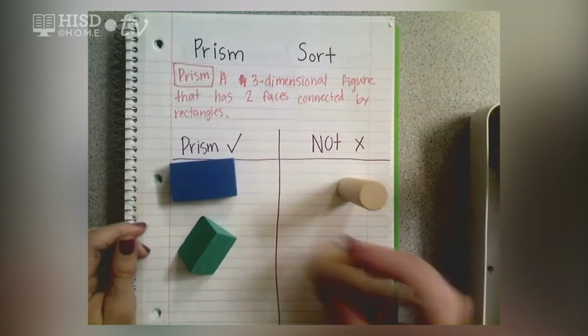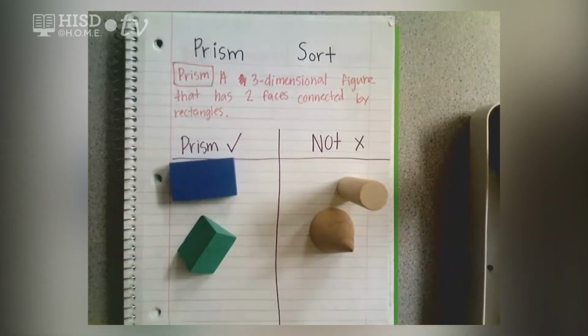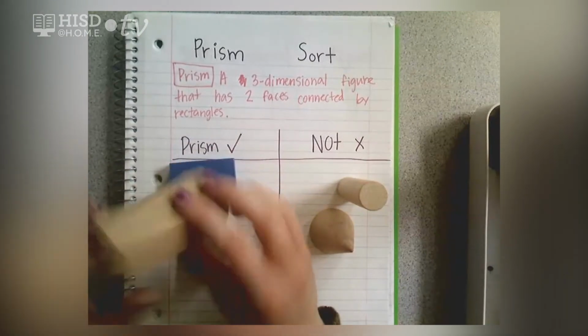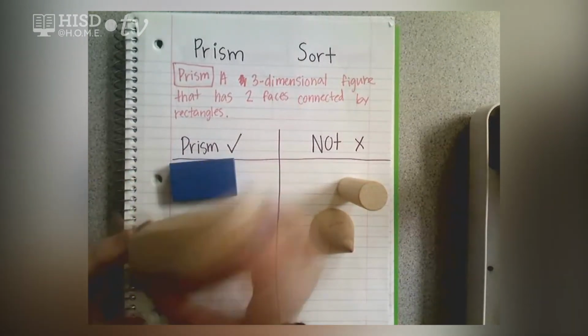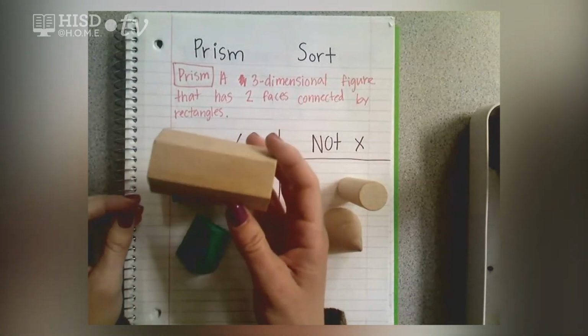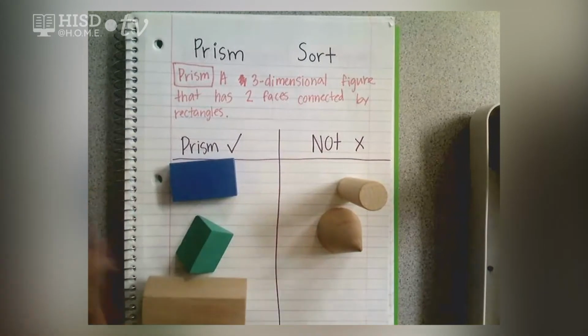It does not have any rectangles connecting it. What about this? I see 1, 2, 3, 4, 5, 6. So that means I have two hexagons, and they're connected by these long, skinny rectangles. So that would be a prism.